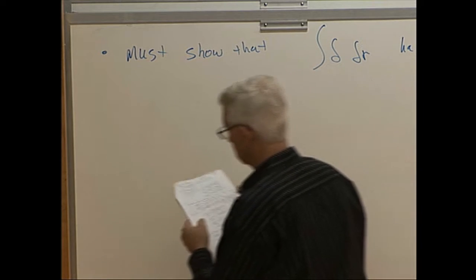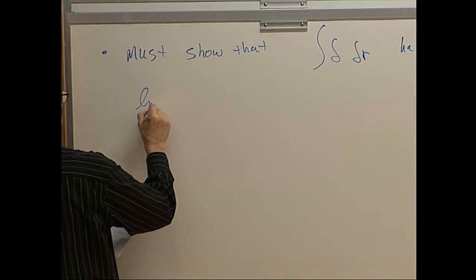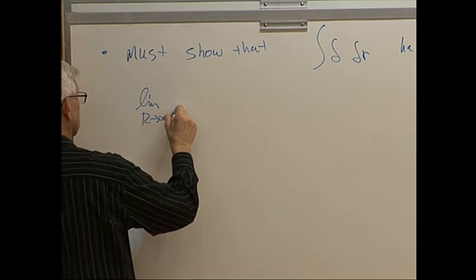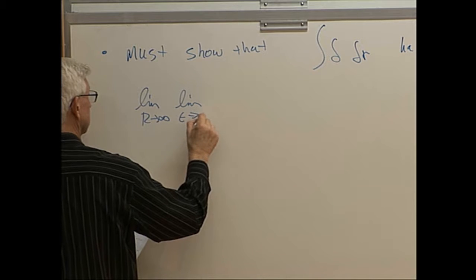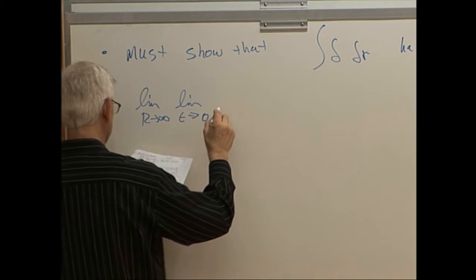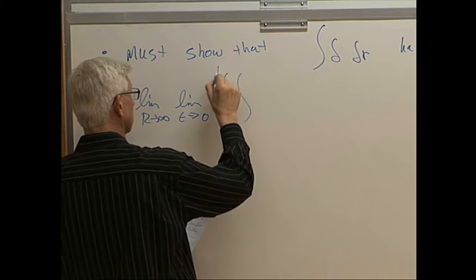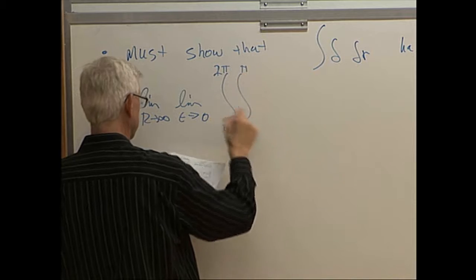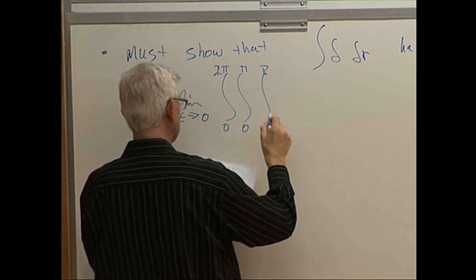And so we start with the limit as r approaches infinity, and this carries over from the other equation, the limit as epsilon approaches 0. Just the spherical coordinate integration there: 1 over 2 pi, 0 to pi for theta and phi, and then 0 to r, where r goes to infinity.